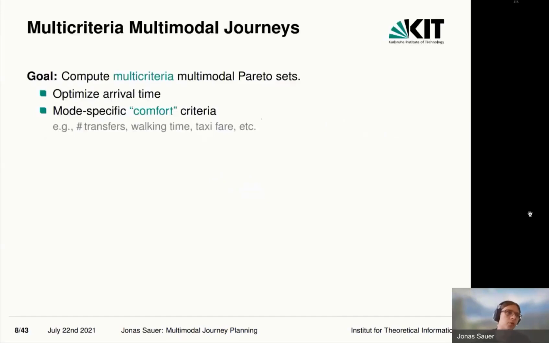Okay, so our goal is to compute multi-criteria Pareto sets in a multimodal context. We want to optimize arrival time as always, and then for each mode we have mode-specific comfort criteria. So for public transit, we already saw that we need to optimize the number of transfers. And for other modes, we have similar criteria.